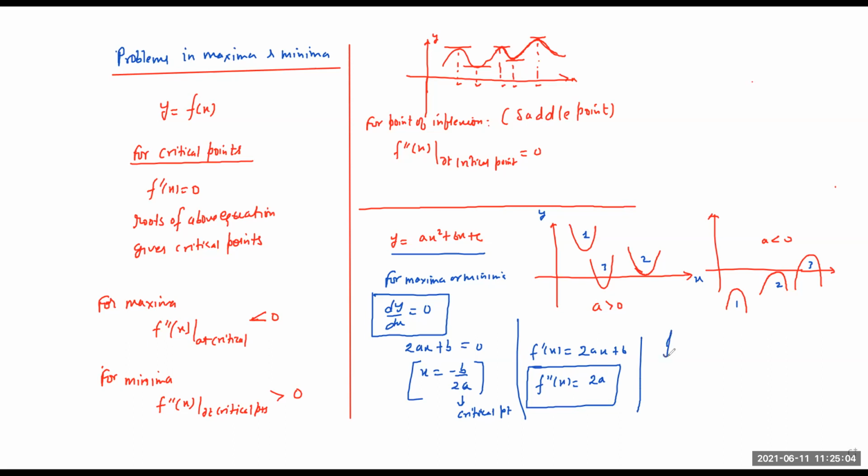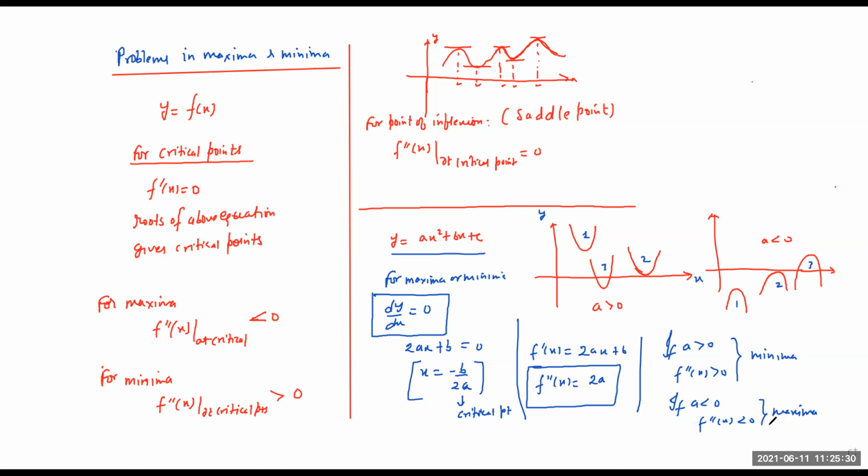If a is positive, so the double derivative is also positive, which means we will get minima. And if a is negative, then the double derivative will also be negative, and so we will get maxima. What it means is, a positive means it is concave up, so what you can get is only minima.